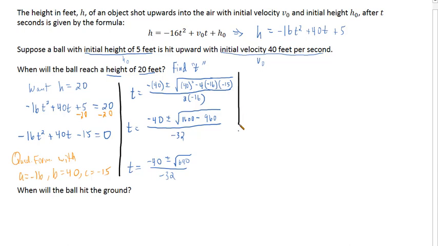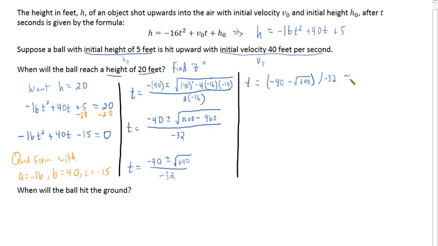Now, I have this expression, but it's not very useful in this form. I need to actually calculate what those numbers mean. So, using my calculator, I have two solutions. Let's calculate each of them. So I have t is equal to negative, and I'm going to sort of draw this the way I might enter it on the calculator: parentheses negative 40 minus square root of 640, then close the numerator and divide by negative 32.